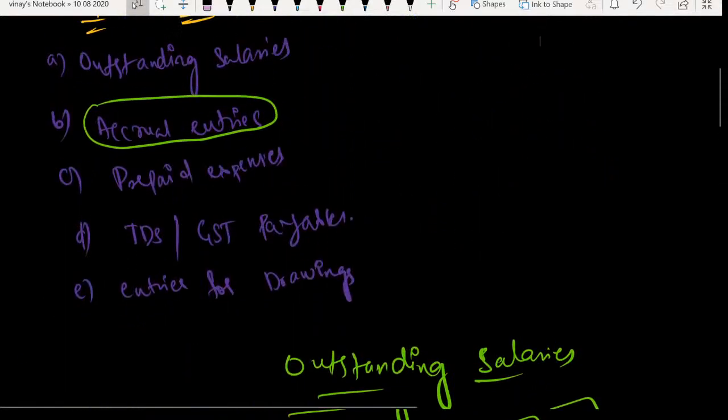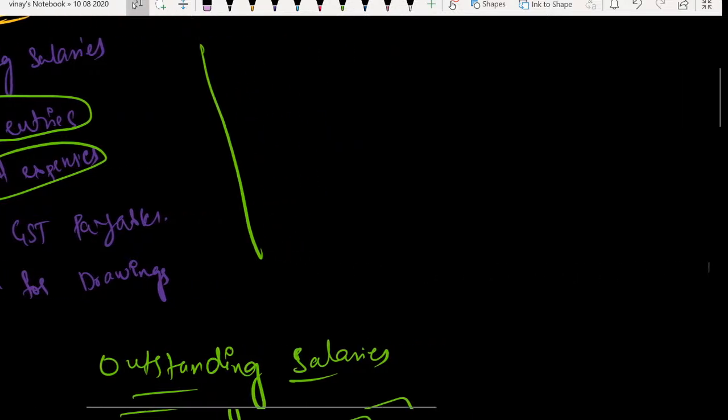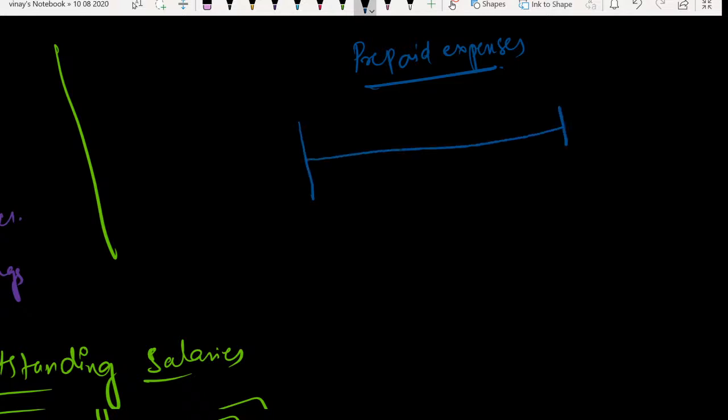So next is prepaid expenses. I will try to explain the prepaid expenses here itself. So let me make you understand what is meant by prepaid expenses. Generally what happens, the matching concept says that you need to recognize only income which is going to be accrued in this particular year.